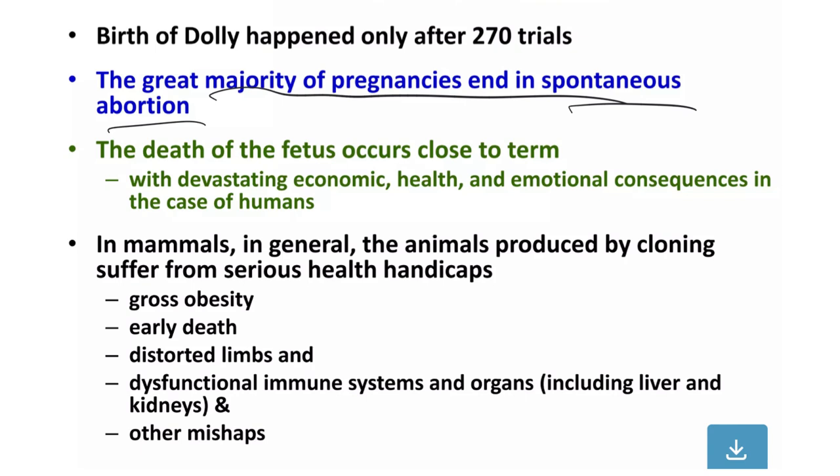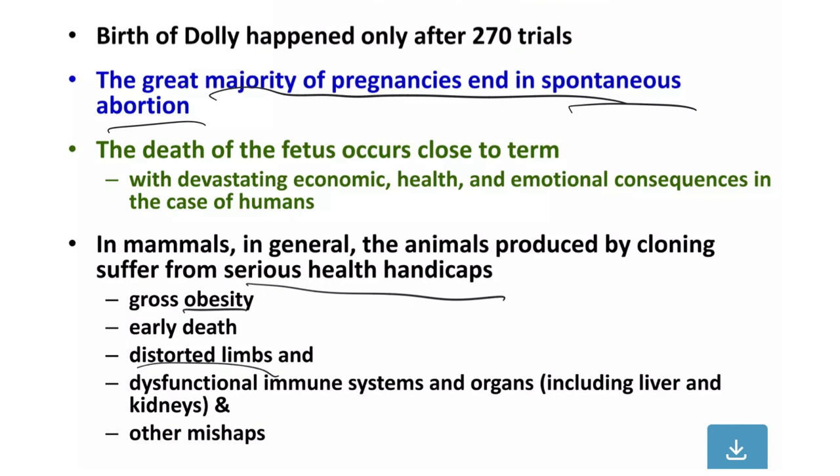Also, as I said before, there are serious health handicaps in the abnormal animals produced by cloning. They're really fat with all kinds of diseases that go with obesity. They have early death. Their limbs are distorted.